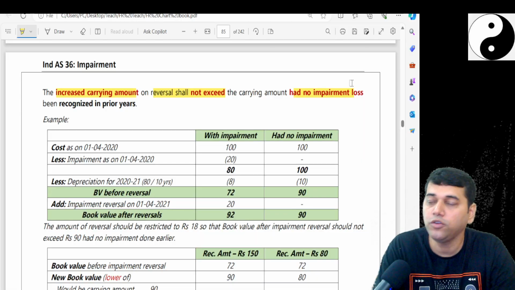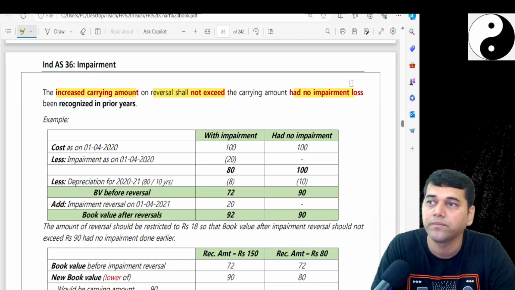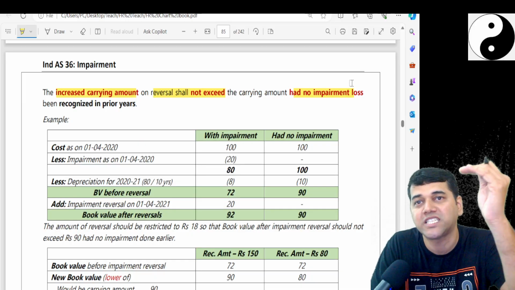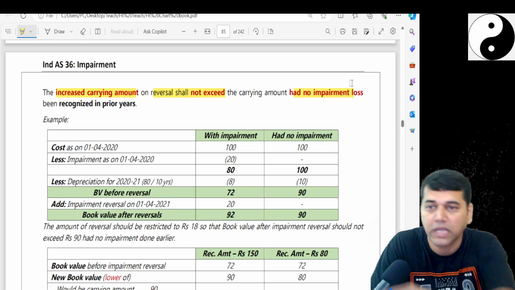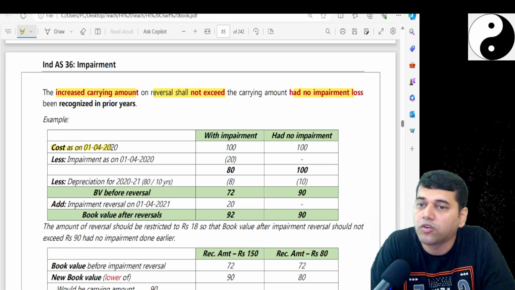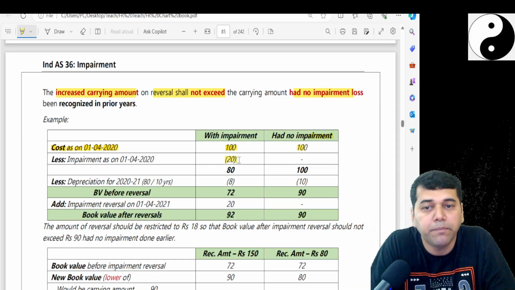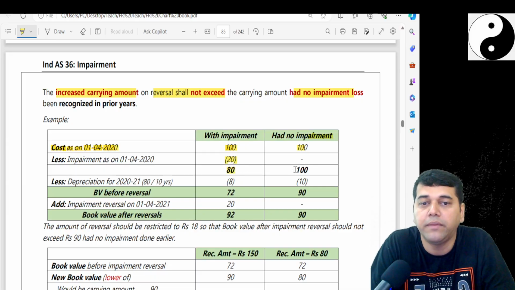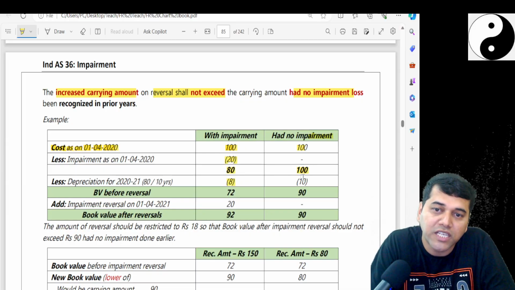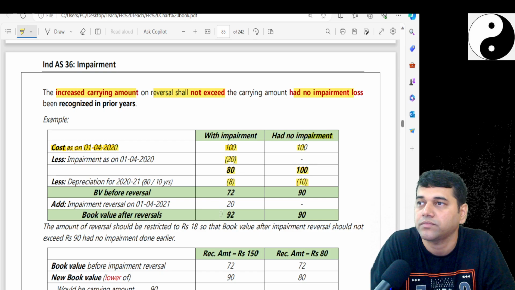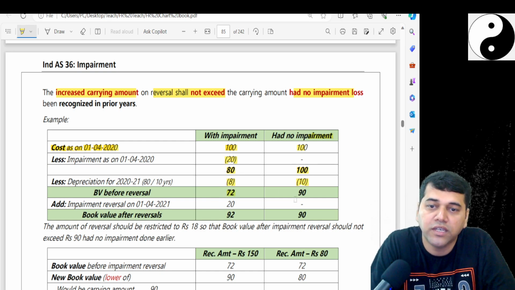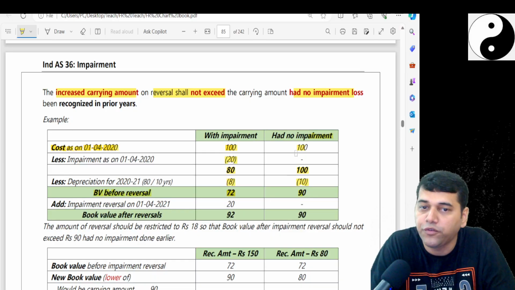First of all, you will reverse what you have impaired. Because of the impairment, you start charging lower depreciation. Okay, I'll give you an example here only. Your cost was 100. You recognized impairment of 20. Book value became 80. Going forward, you charge a lower amount of depreciation. Now at the end of the year, it is 70, and 90 is the book value if you would not have done impairment.